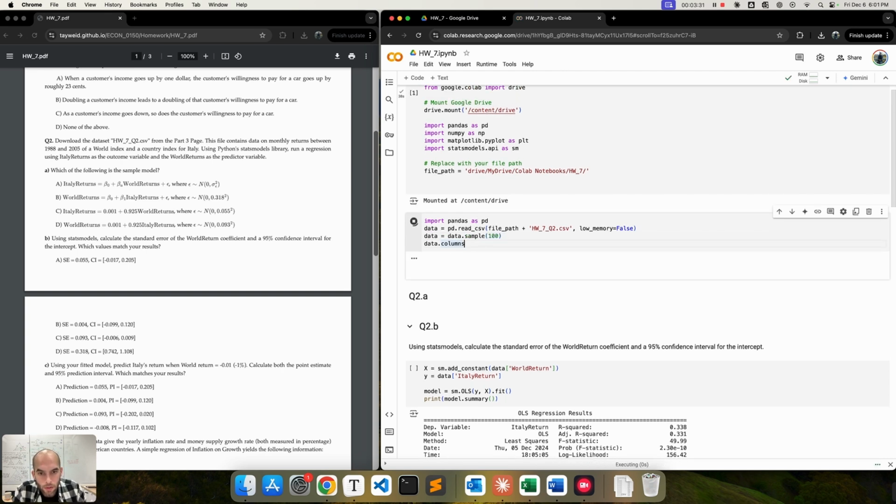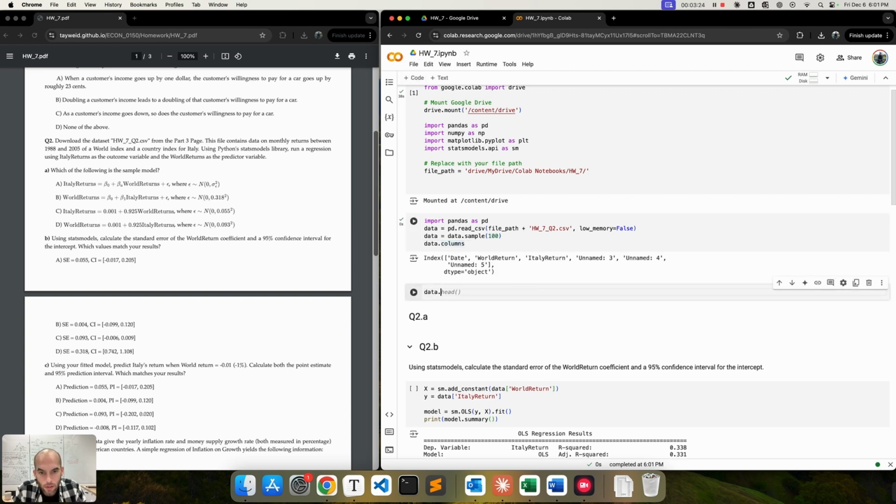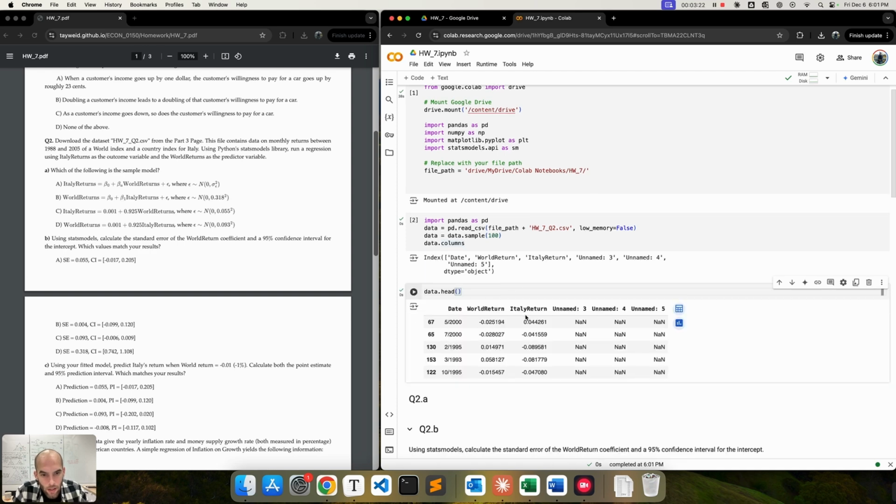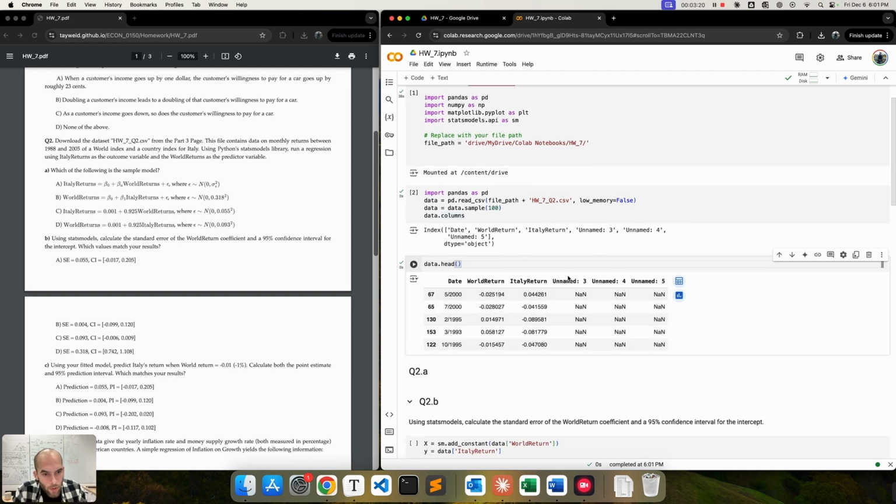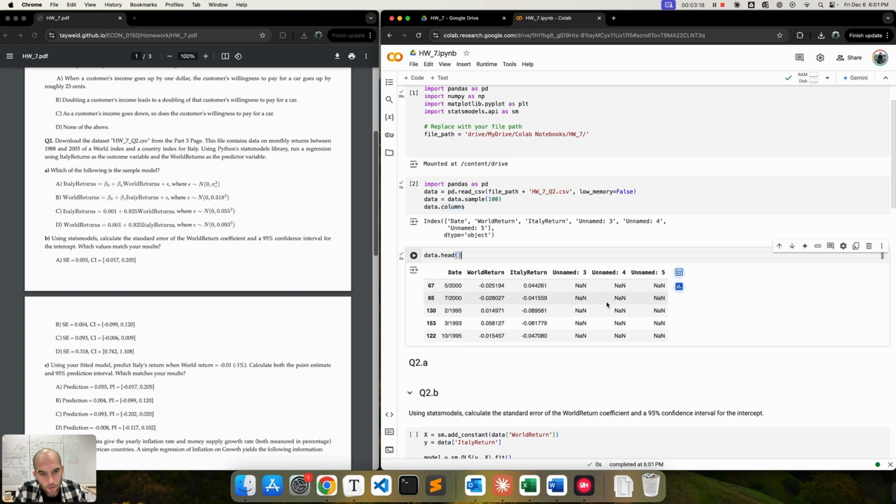All right, so we'll just run this, and then it'll print out the columns for the data set. If we wanted to see the data itself, we just do data.head, and it puts 3 extra columns over here. These are just blank. So the main data we're looking at are world return and Italy return.